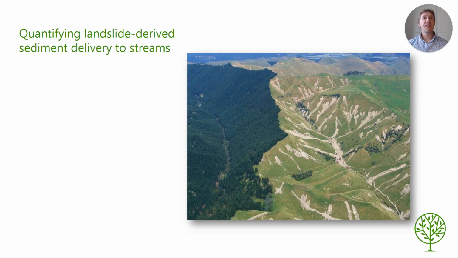Okay, so if retaining soil on slopes isn't the only priority, but also sediment and water quality outcomes, then we first need to link the hill slopes to the streams. And you can see in this photo that some landslides clearly deliver sediment to the adjacent stream channels and others less so.